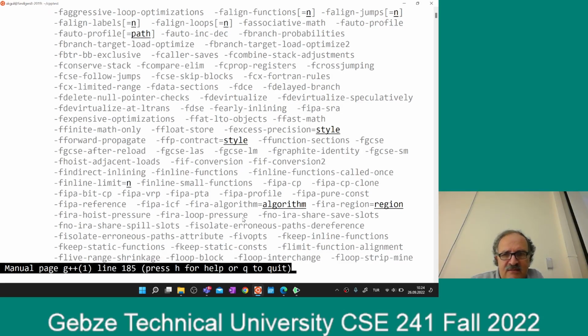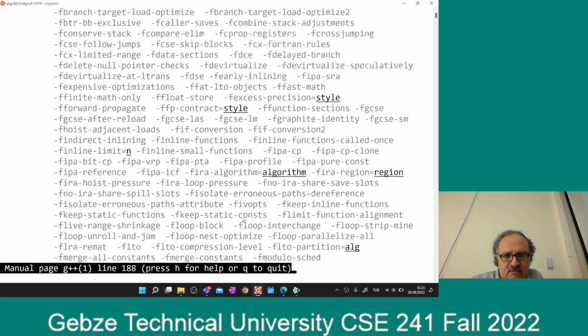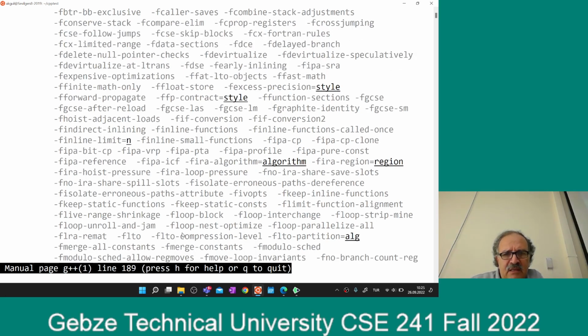Well, it looks like loop block, loop nest optimize. Sometimes when you have a loop that runs from 1 to 5, it is much faster to unroll the loop and write 5 statements one after the other, okay?